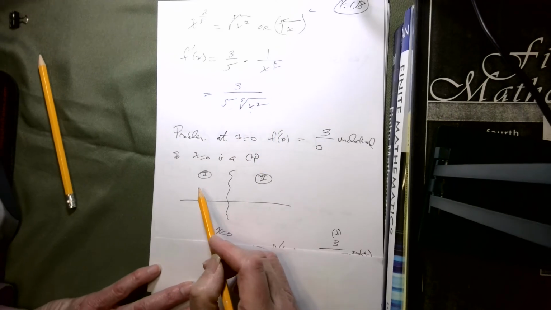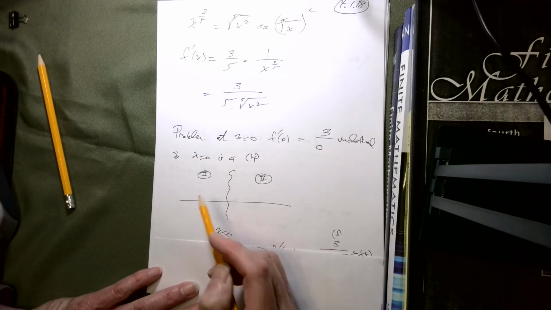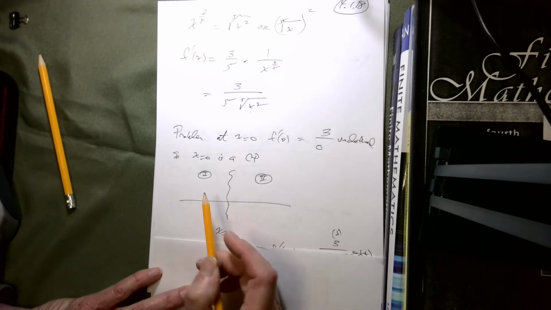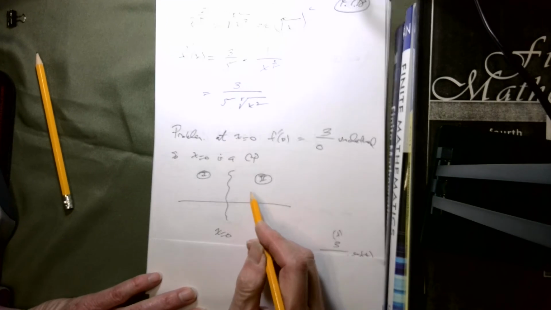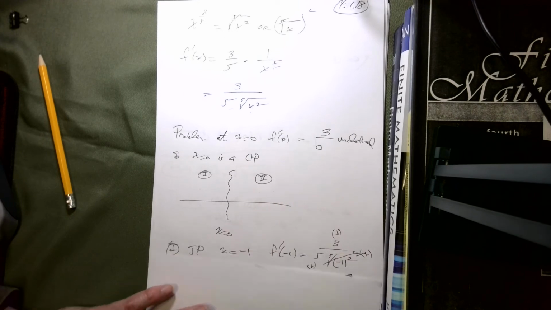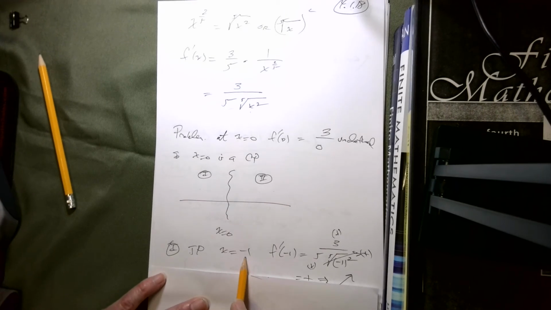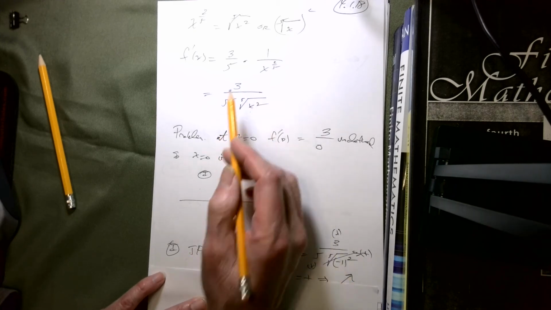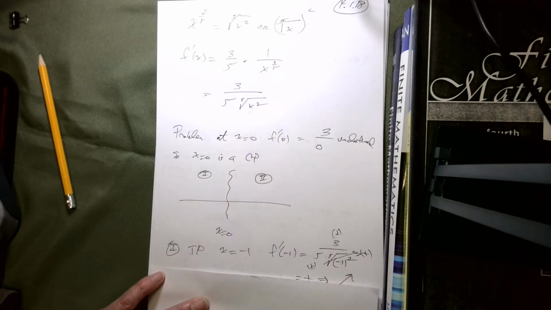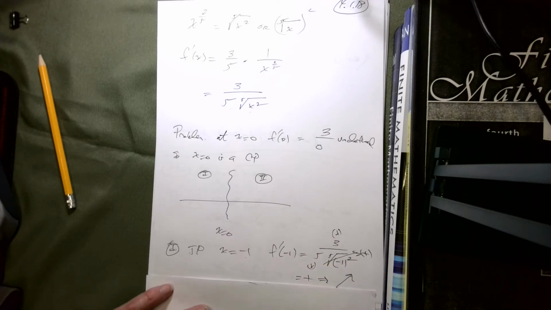So what this is saying is we have two regions now. We're going to choose nice numbers to the left of 0, and to the right. Okay, so if I pick x to be negative 1, I just put it in my derivative. Negative 1 squared is positive 1. And I take the fifth root of a positive number, which means it is increasing.